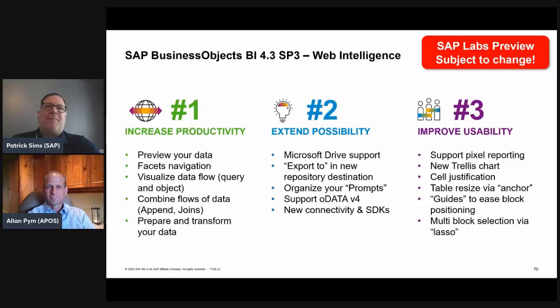What that means is using OneDrive and SharePoint as a way to not only house data that you might use in Web Intelligence, but also as a repository for where you might put your finished documents. So that's a great capability. We started that with Google Drive in Service Pack 2, so you can expect to see more and more of those kinds of things, extending how you like to function with data and what we can do to bolt onto that.